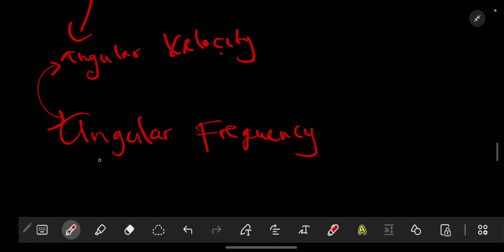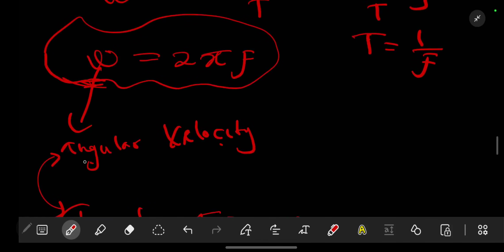The only difference is that angular frequency is taken as a scalar, meaning for angular velocity, you are interested in which direction it is moving. Is it moving in a clockwise direction, or in a counterclockwise direction? So this is clockwise, then the other way is counterclockwise like that.